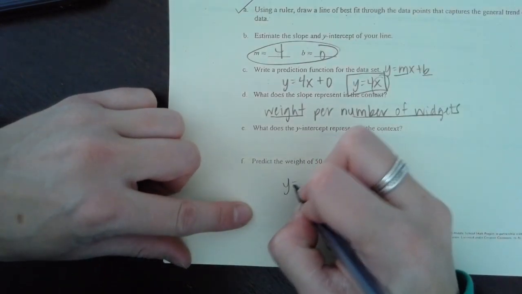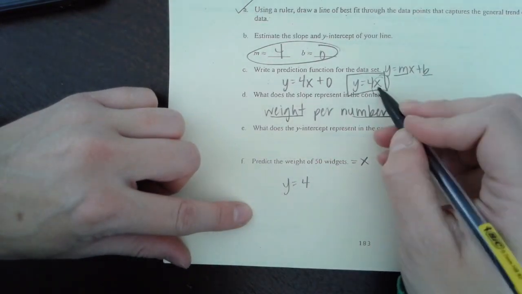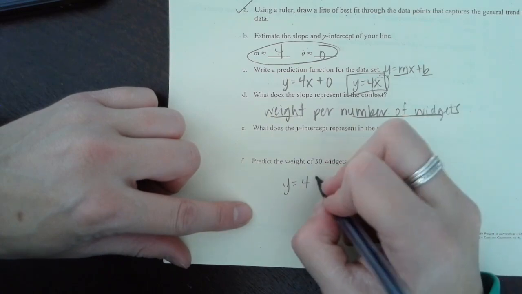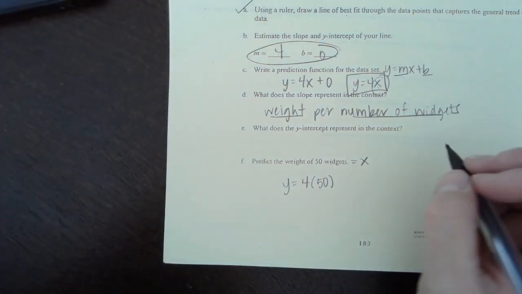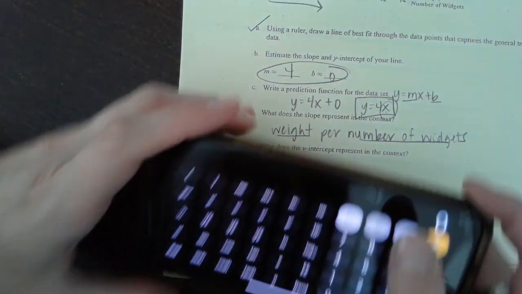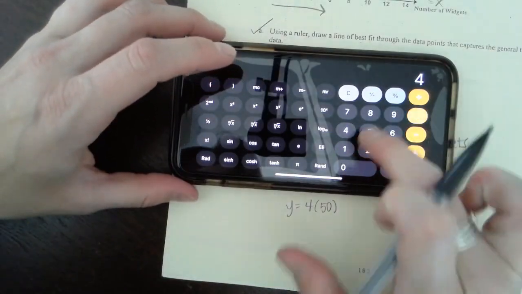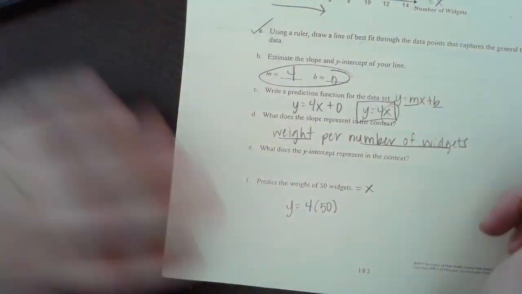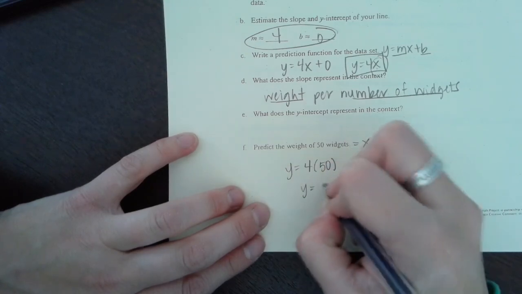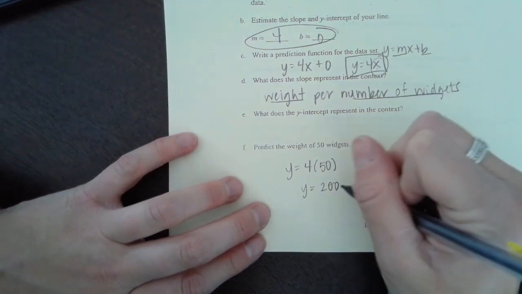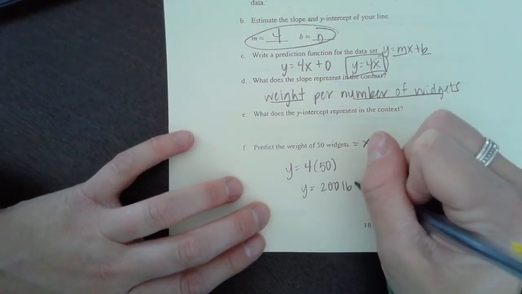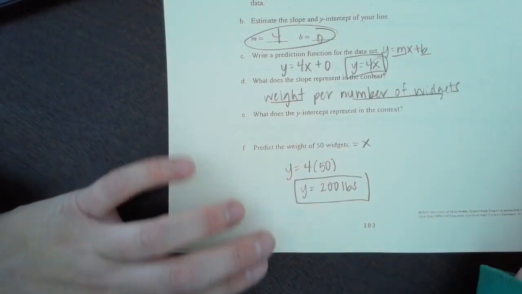So y equals 4, you're going to take out the x and replace it with how many widgets we have, which is 50. And then you're going to do this in your calculator. So you have 4 times 50, and that is 200. So the weight of 50 widgets we're predicting to be 200. It could be a little bit less or a little bit more, and it's 200 pounds, but that's about right.